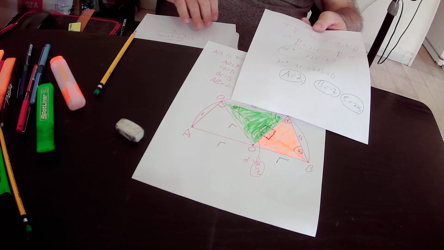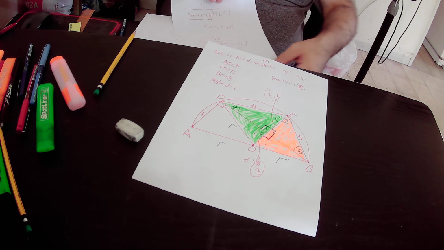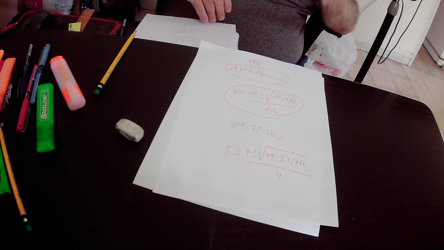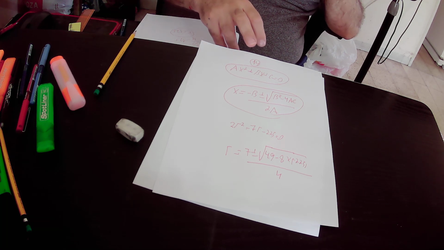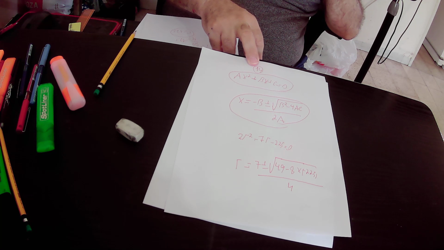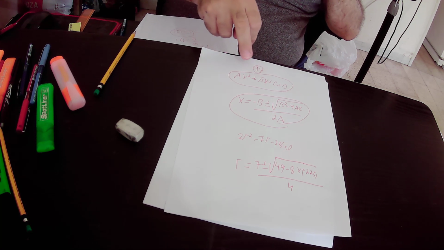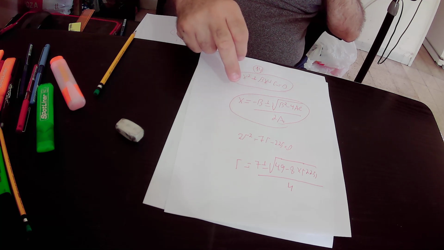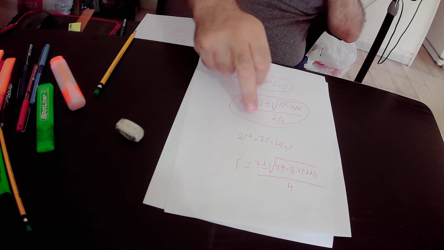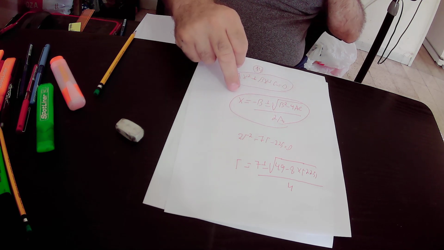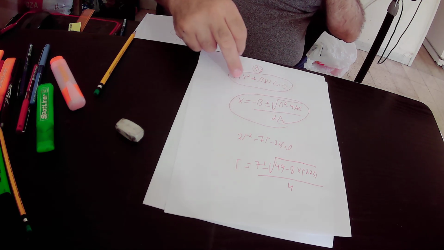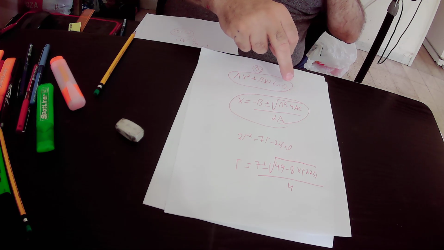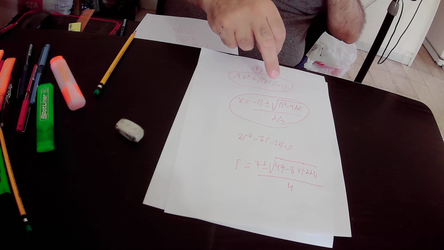Okay, and then we have the formula to solve any quadratic equation. If this is the general formula for the quadratic equation, then this is its solution. But here r is the variable of this quadratic equation, so we substituted x by r, and b equals minus 7, a equals 2, and c equals minus 225.